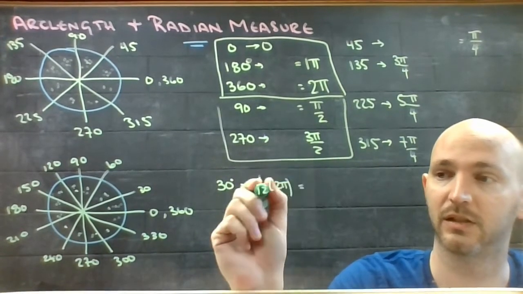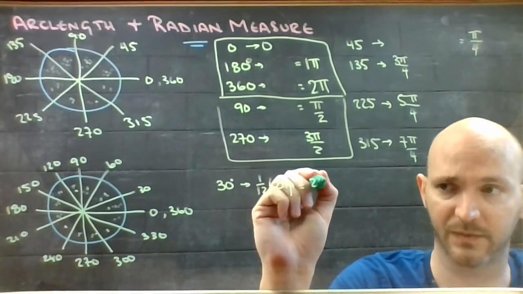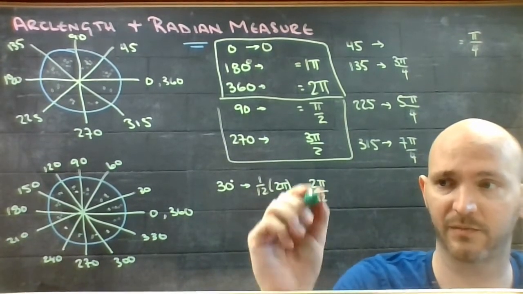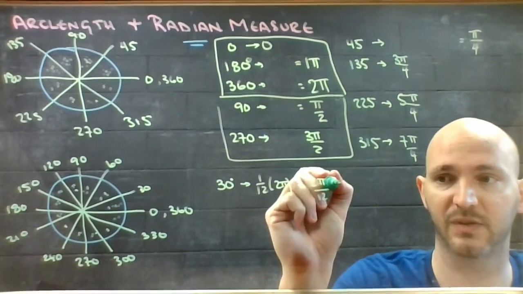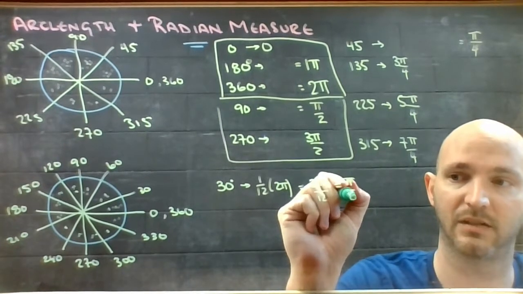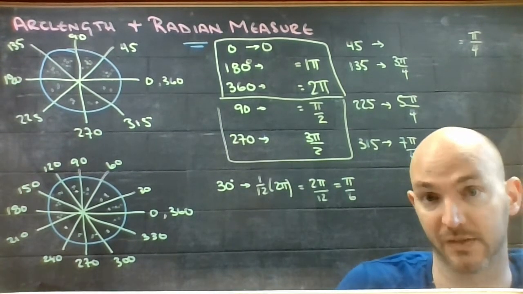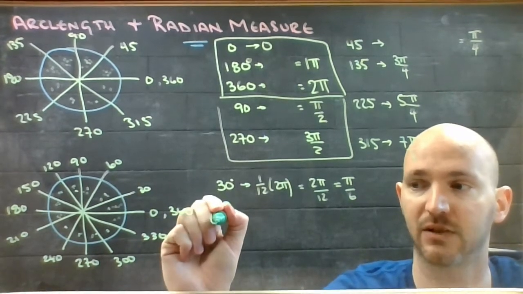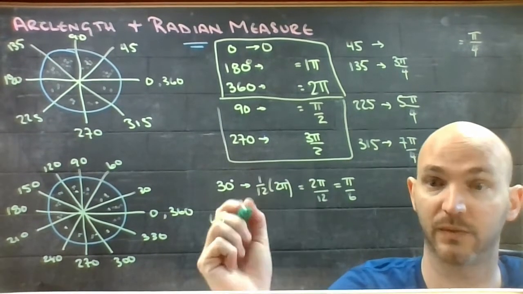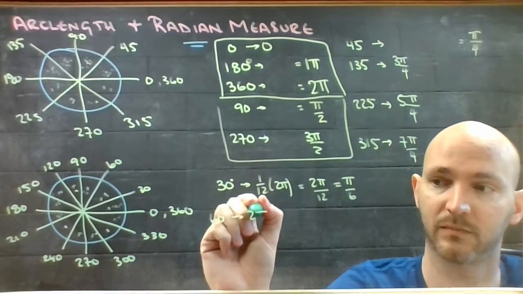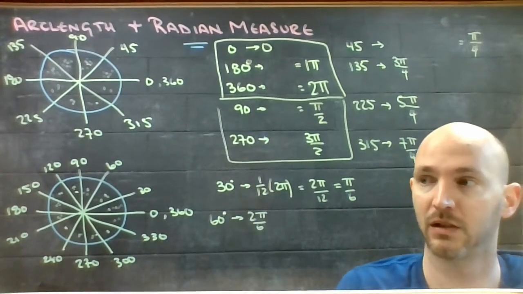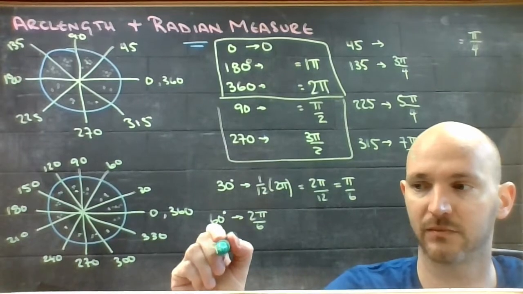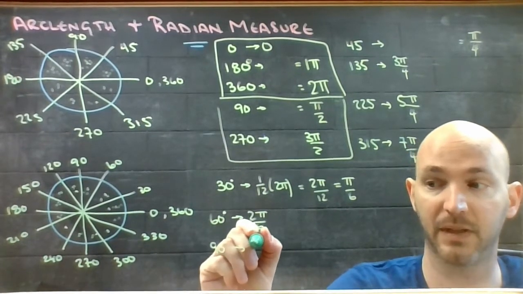2 times 1 over 12 would be 2 pi over 12. Both of those numbers divide by 2, so I get pi over 6. Okay, so that's my basic wedge. The next one, 60 degrees, would be 2 of these. My next one, 90, would be 3 of them.